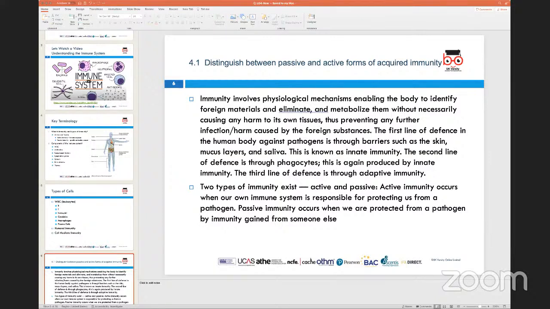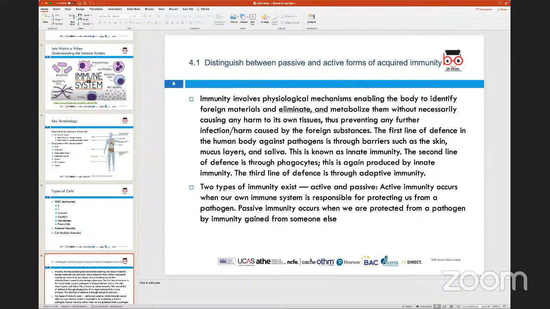Then the second one was the adaptive immune system, which breaks down further, for example through vaccination. When we acquire immunity, there is adaptive immunity and the use of memory cells.